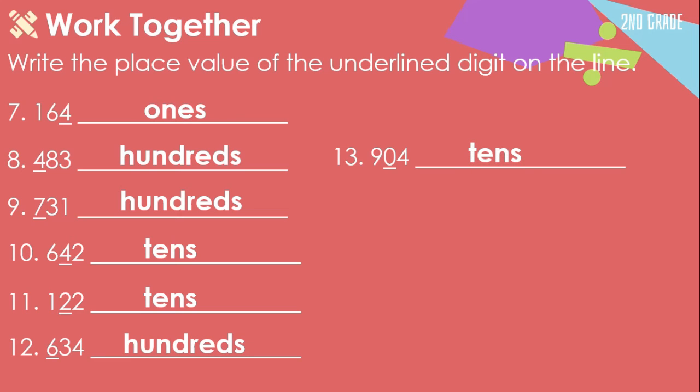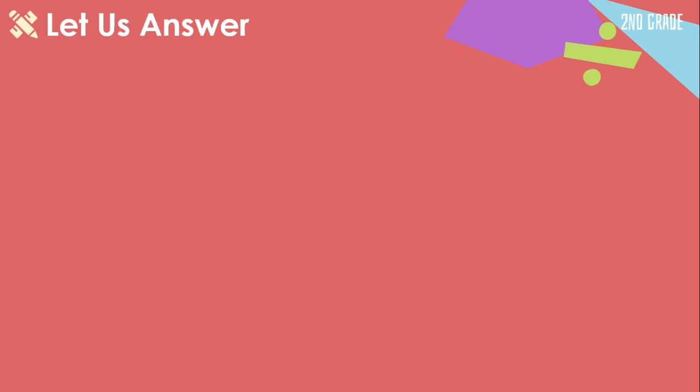Tens. Very good. And for number 14, 435, the underlined digit is 5. What is the place value of 5? Ones. Very good.